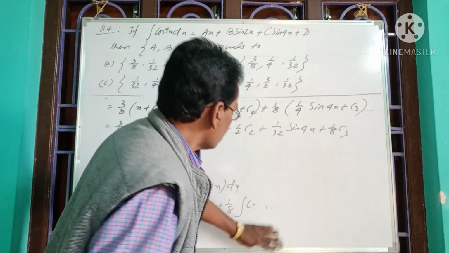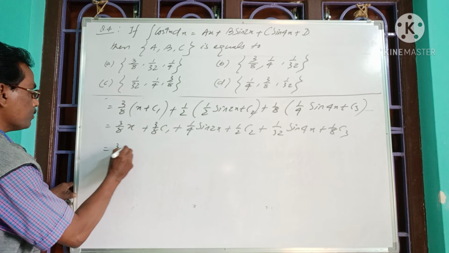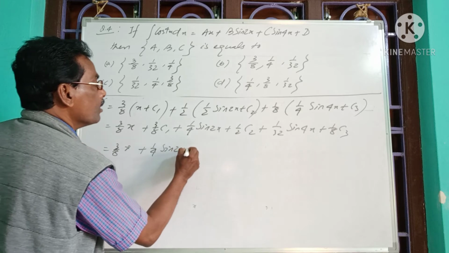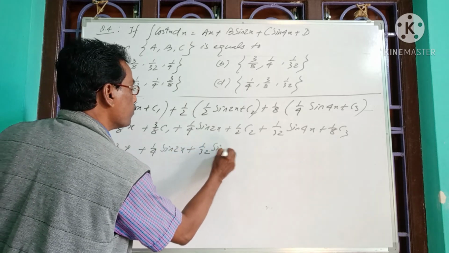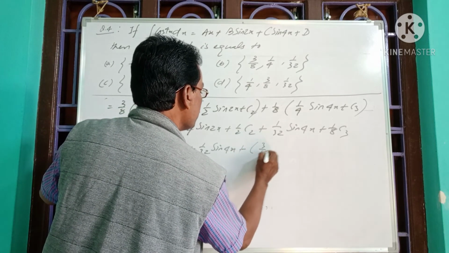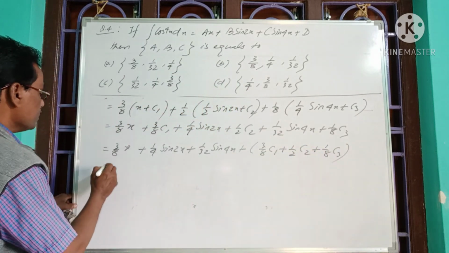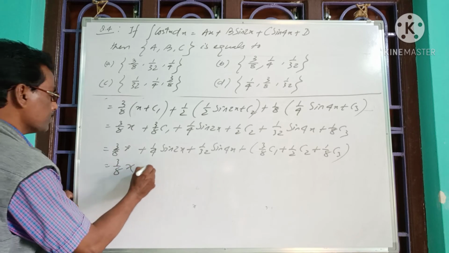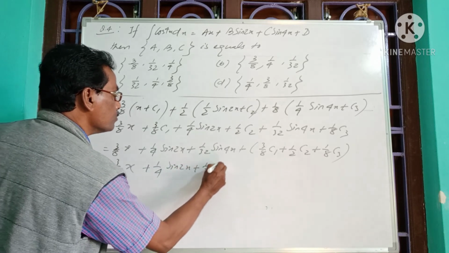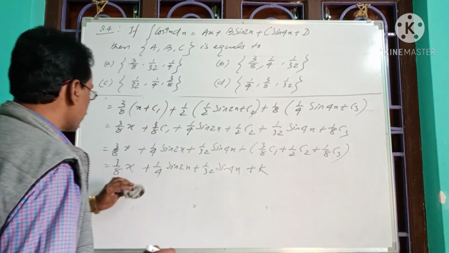So again collecting all the functions and constants, it will give us 3 by 8 into x plus 1 by 4 into sin of 2x plus 1 by 32 into sin of 4x plus collecting all the constants we have 3 by 8 into C1 plus 1 by 2 into C2, again 1 by 8 into C3. So finally we have 3 by 8 into x plus 1 by 4 into sin of 2x plus 1 by 32 into sin of 4x plus k, as k is the constant of integration.